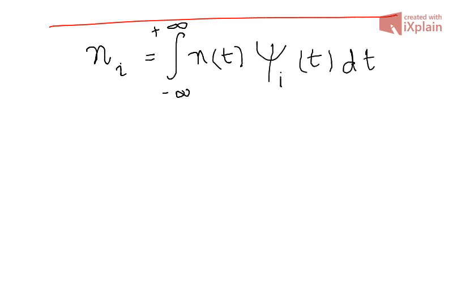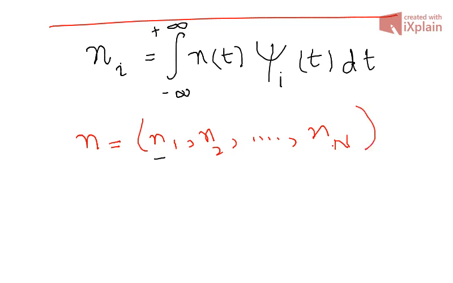What's the dot product? As I mentioned earlier, if you have a vector, because n of t is a vector, we can represent our n as n1, n2. But we are interested only in these two components because our signal is two-dimensional.